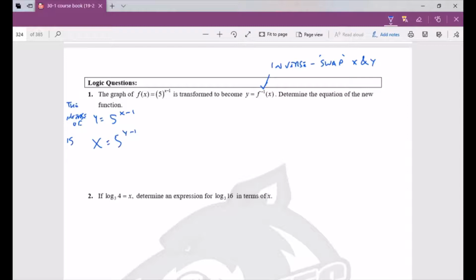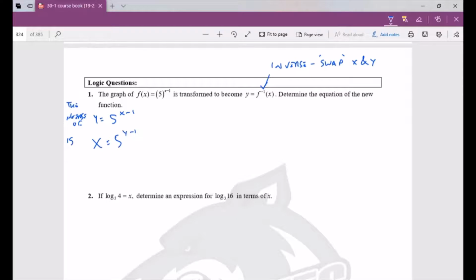So you swapped your x and your y, that's now the inverse. Your domain would become your range, and your range would become your domain. All of your coordinates would swap coordinates. And so this is now our function.